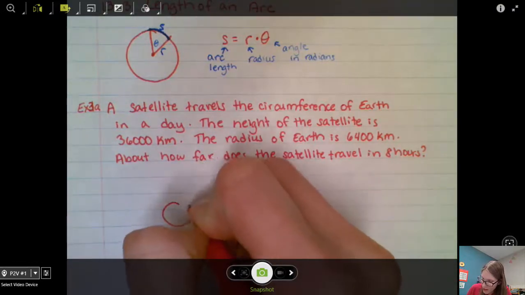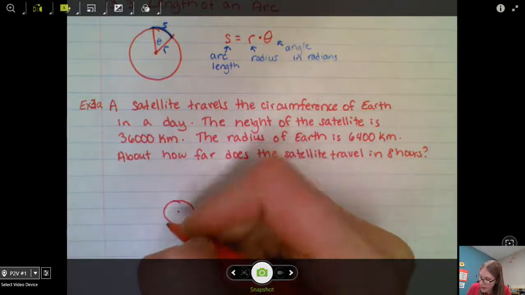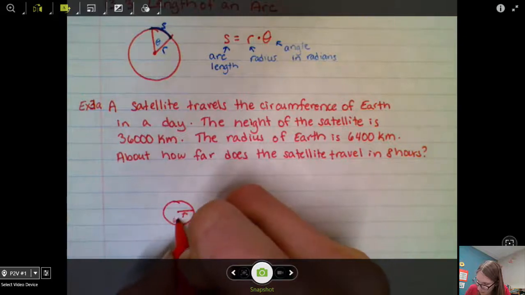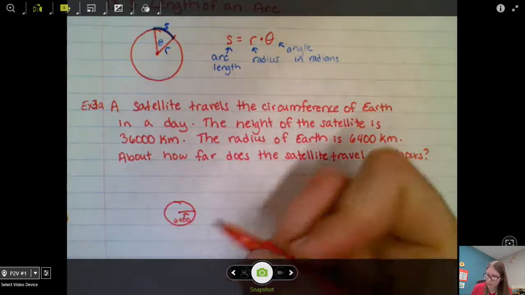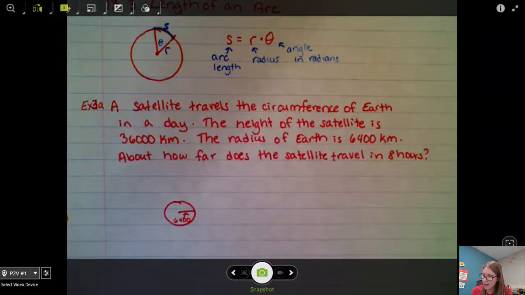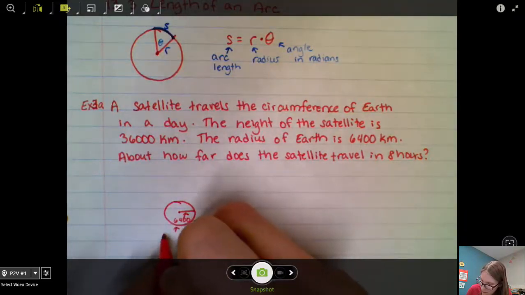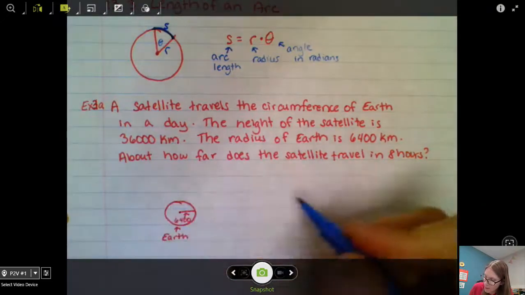Here's the Earth, and it says that the radius of Earth is 6,400 kilometers. Now the satellite is traveling the circumference of Earth.